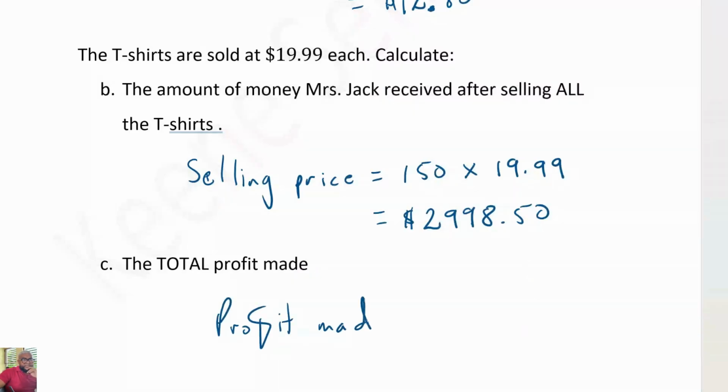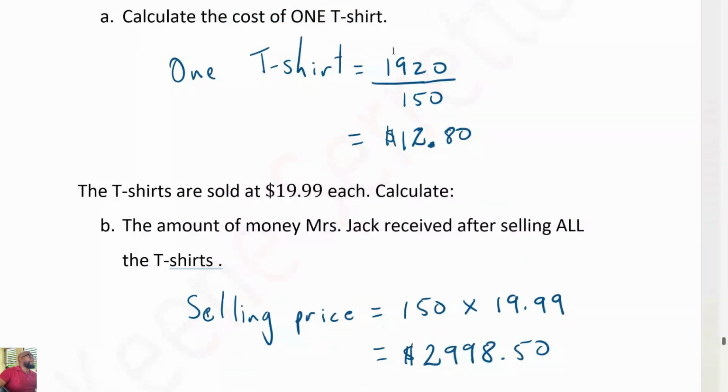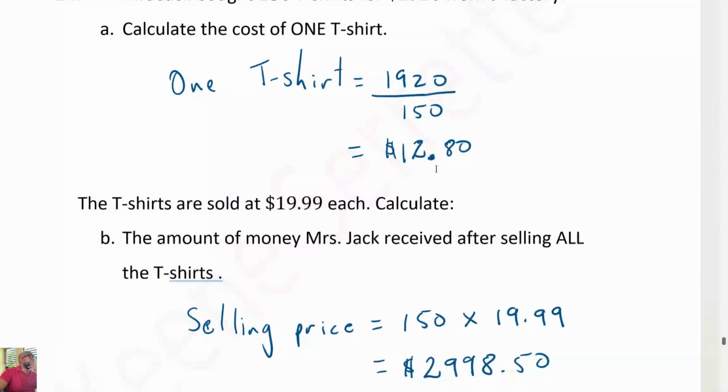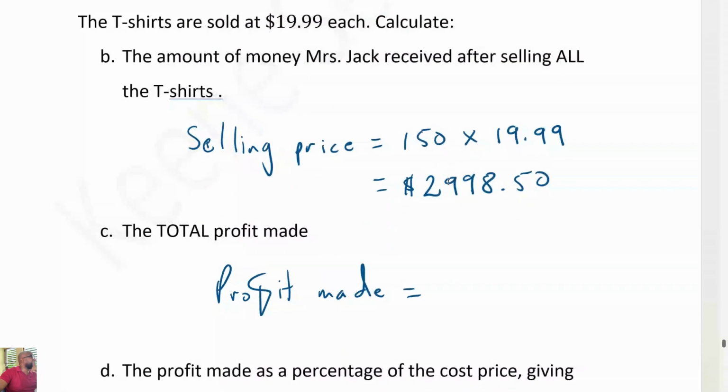Profit made. If you pay 1920 for some t-shirts and then you sell them for $2,998.50, how would I find how much I make? Take it away from 1920.